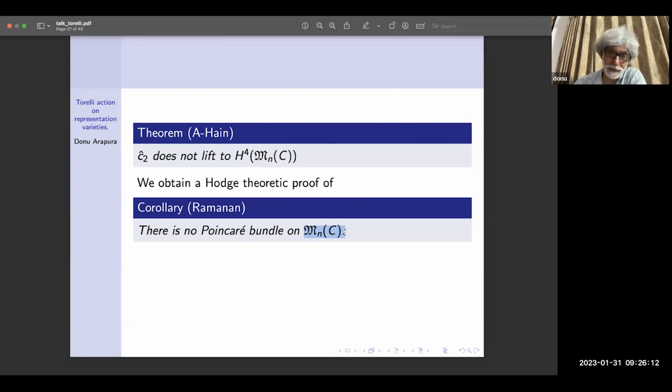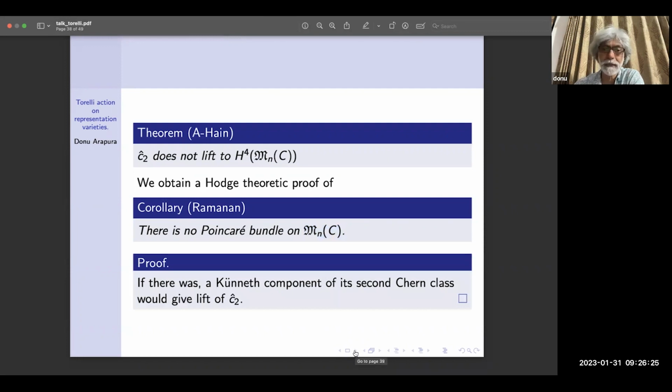In this case, there's no Poincaré bundle. It's not a fine moduli space, and we found this gives you a Hodge theoretic proof of that, and the proof is basically one line. Suppose there was a Poincaré bundle, then the Künneth component of its second Chern class would give you a lift, and we just said there is no lift.